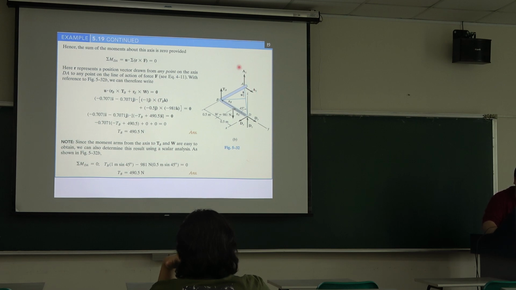If you set a good moment axis or good moment point, you can very easily find every unknown force answer. And like we set the moment point at the point B, then we also can use this equation to calculate. We don't use the Cartesian vector form, and can also get the answer.